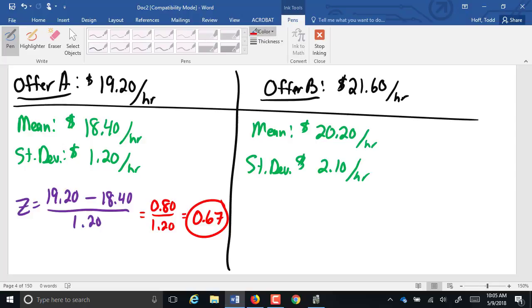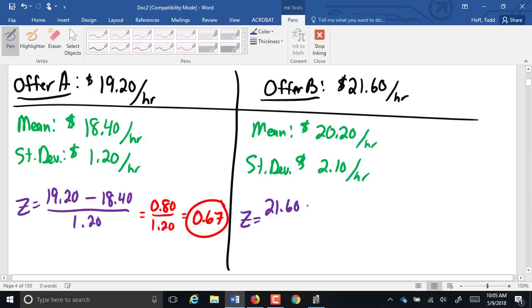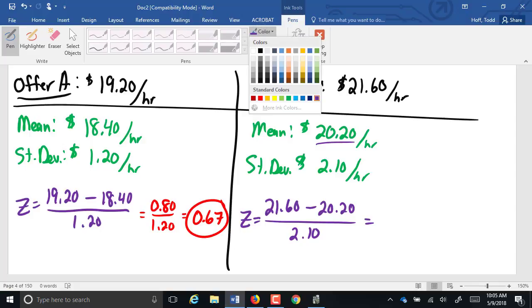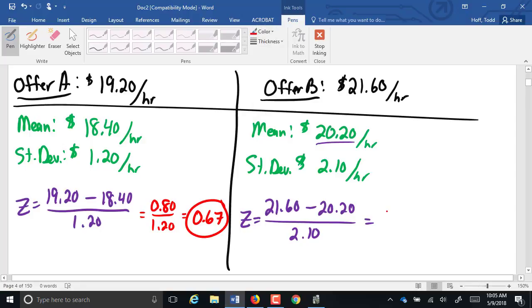On the other side over here, our z-score, we would take the number $21.60. We would subtract the mean of $20.20 and divide by the standard deviation of $2.10. 21.60 minus 20.20 is $1.40, divided by the $2.10 standard deviation, that is 0.67.